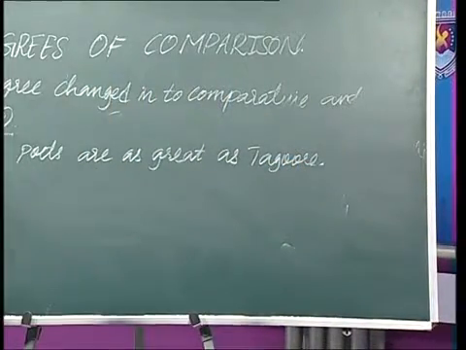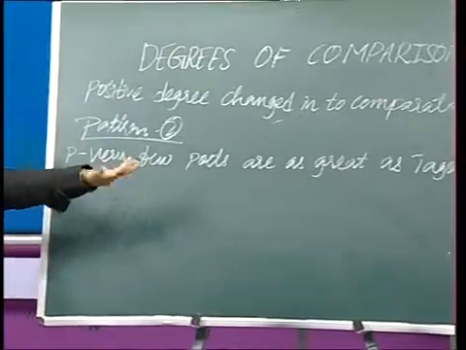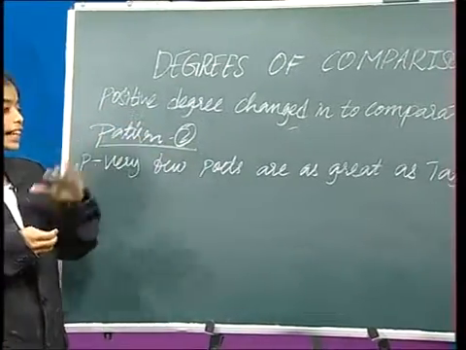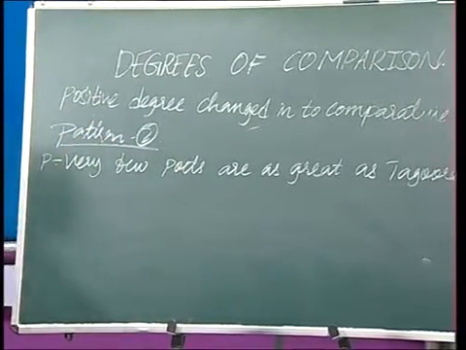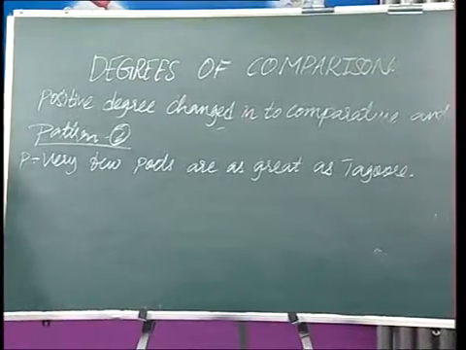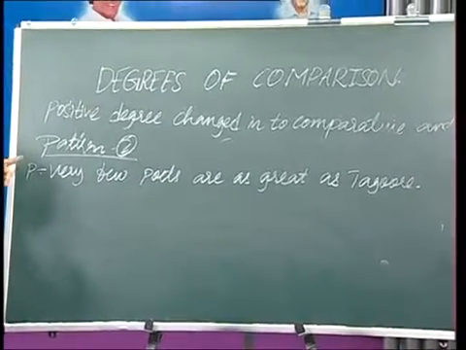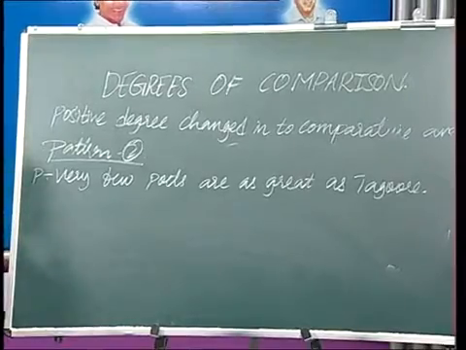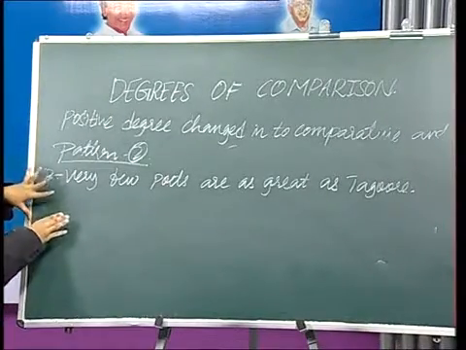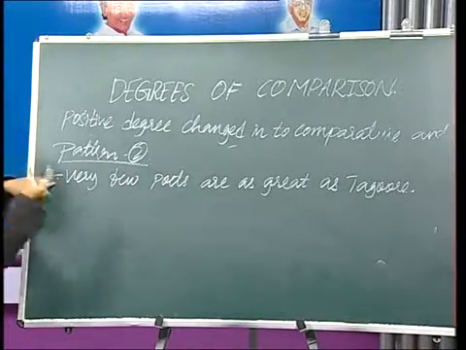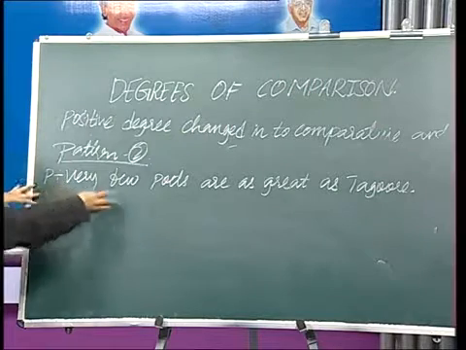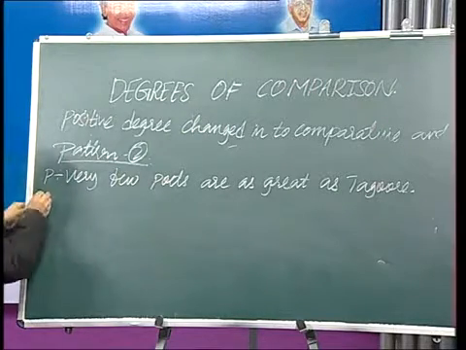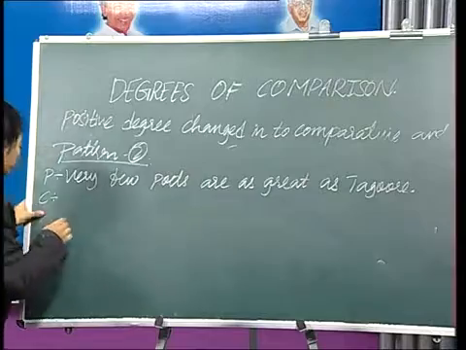So friends, this is in the positive form. Very few poets are as great as Tagore. So friends, I think you all observe that in pattern 1, here "no other" is present, and nothing is changed here in pattern 2. In the place of "no other", "very few" is replaced. That's all.